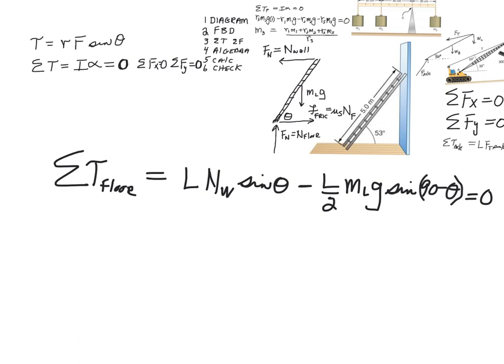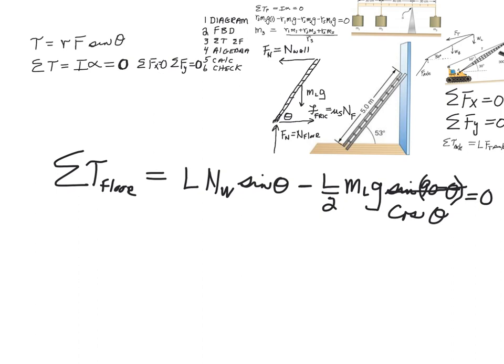But in this case, there's a trick you might not think of. The sine of 90 minus theta is equal to the cosine of theta. So it will serve us better to change that sine of 90 minus theta so we just have one angle. The other thing is, notice like the last problem, you can divide both sides by L. And so all you need now is to solve for the normal force of the wall.